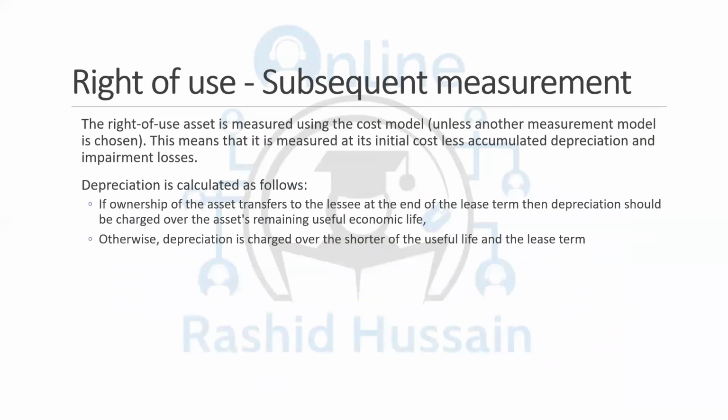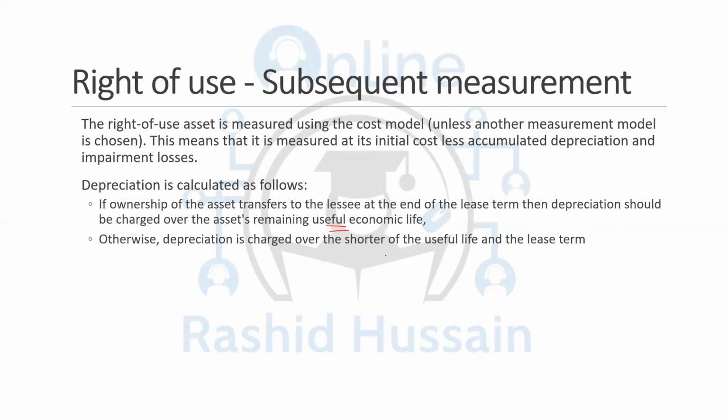And then we have the subsequent measurement of the right of use. So we know that we are going to depreciate it because it's an asset. We have two things over here. If the ownership of the asset will be transferred to the lessee by the end of the lease period, then you're going to depreciate the asset over the useful life.